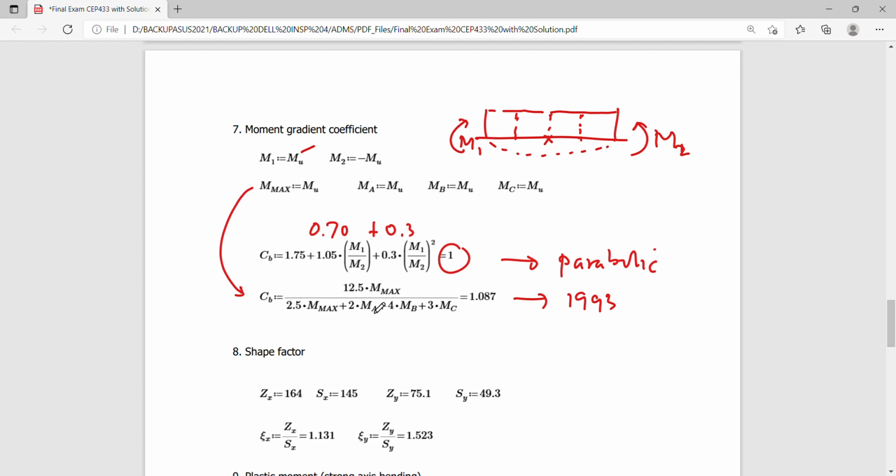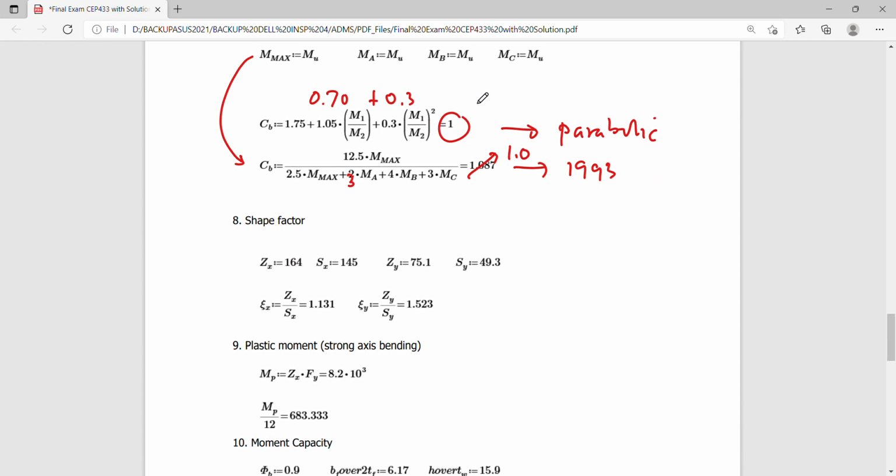And if we add up to this, I think there's an error here. This must be 3. So this is 12.5. 3 plus 3 plus 4 plus 2.5 is 12.5. So automatically this is 1.0. So there's an error on the formula. We do a recomputation on this. This is exactly 1.0. So whatever formula you use, you will yield the same value.